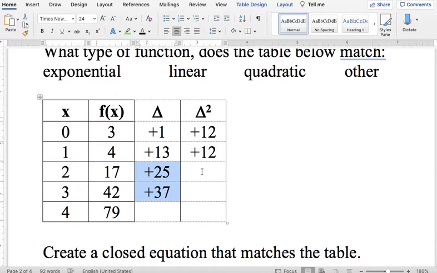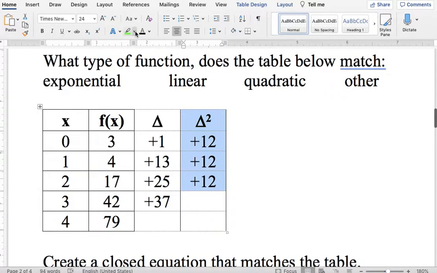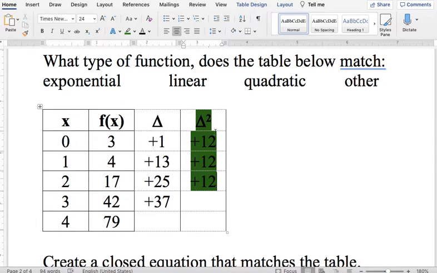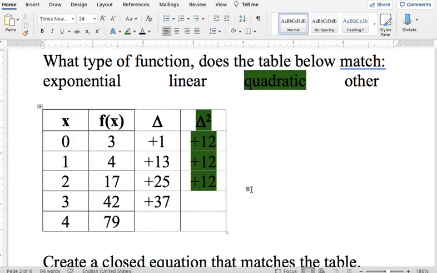So if your second difference column has all the same numbers, plus the same number each time, then you have a quadratic.